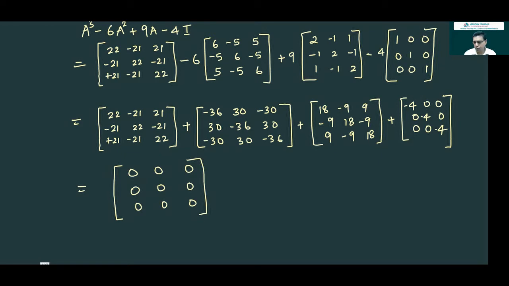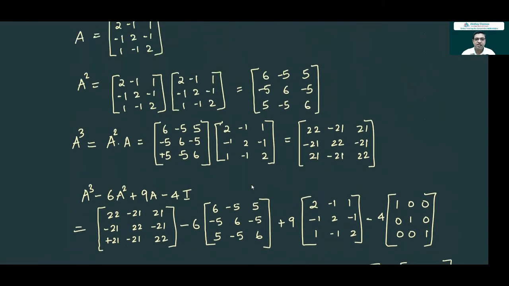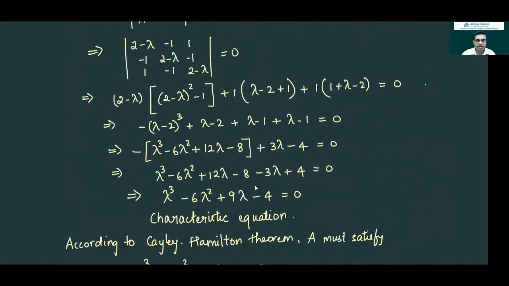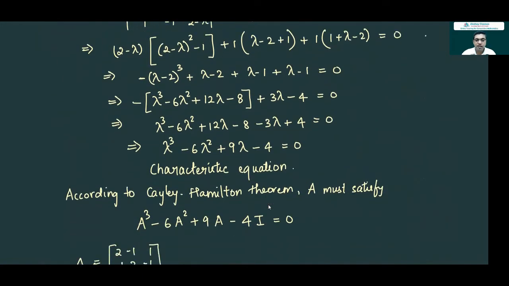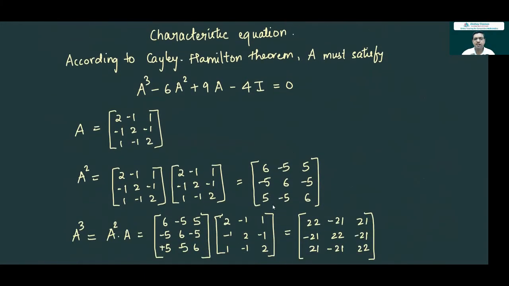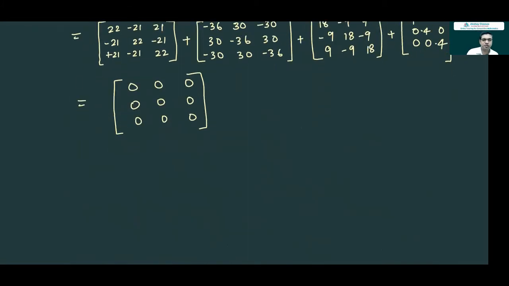So we have shown that a matrix satisfies its own characteristic equation. That is the Cayley-Hamilton theorem. Now, because it satisfies its own characteristic equation, we can find the inverse very easily. Finding A inverse.